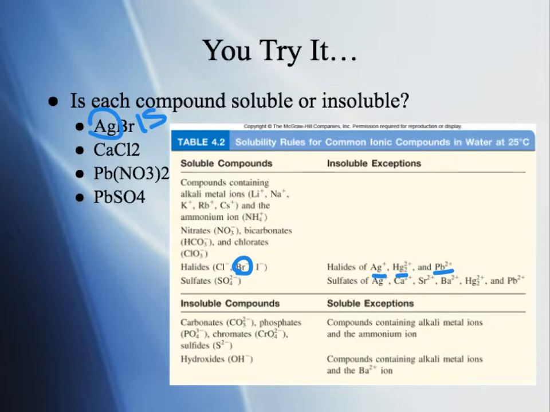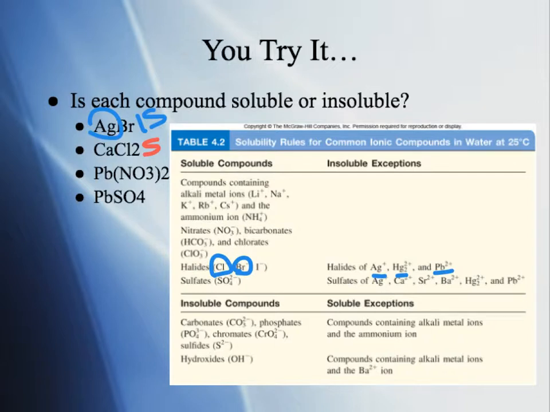Calcium chloride. All right, so let's see. Chlorides, again, are part of the halides, and they are usually soluble, except if they're with silver, mercury, or lead. Well, calcium's not one of the insoluble exceptions, so this is soluble. Calcium chloride is soluble.